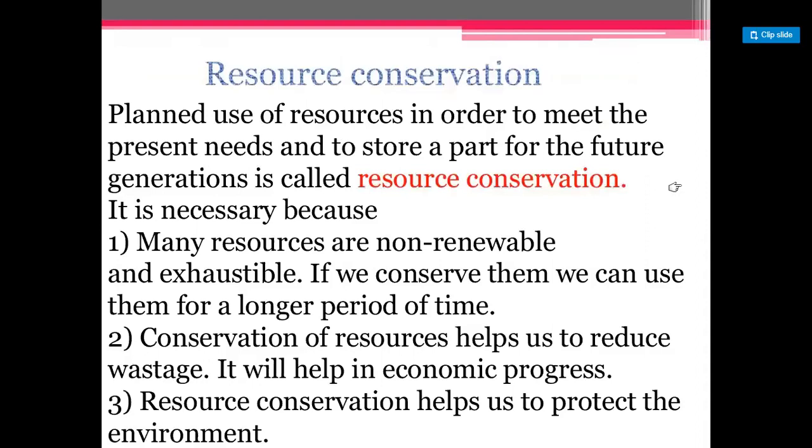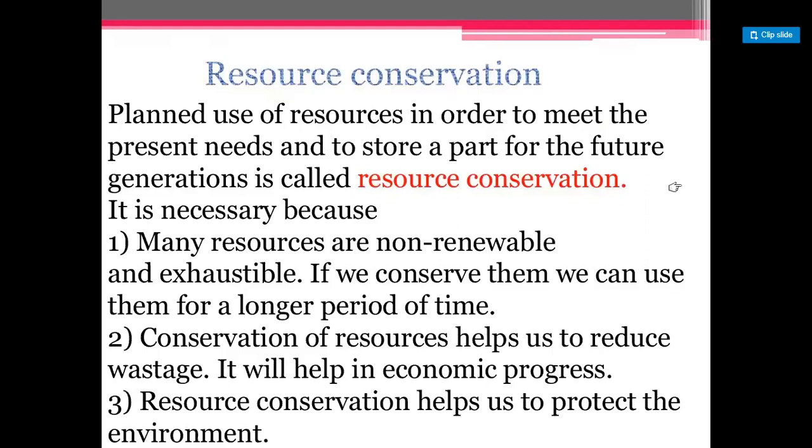Now next is resource conservation. Resource conservation means, for the future needs, the planned use of resources in order to meet the present needs and to store a part for the future generation is called resource conservation.